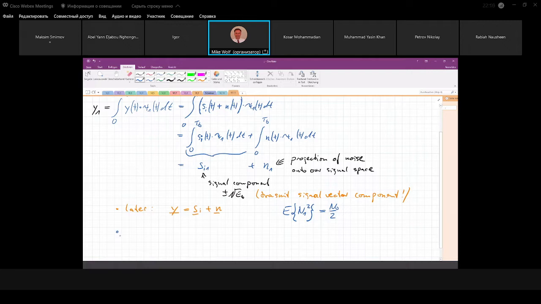We can replace the correlator, that's the next step. We can replace the correlation by a so-called sampled matched filter.